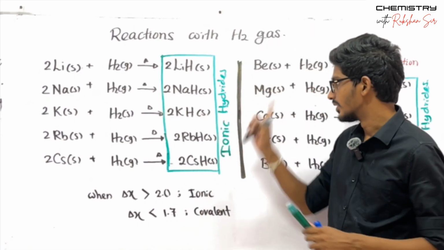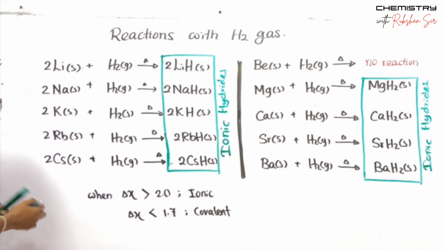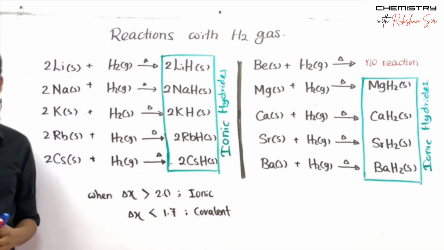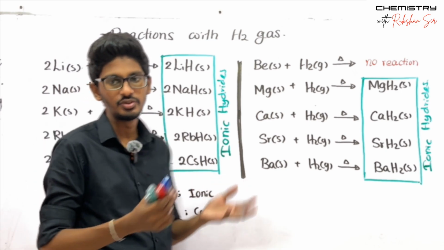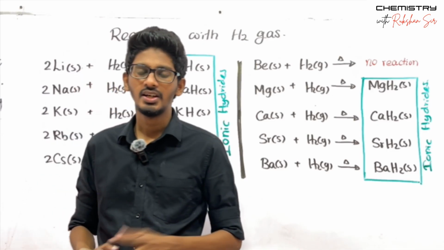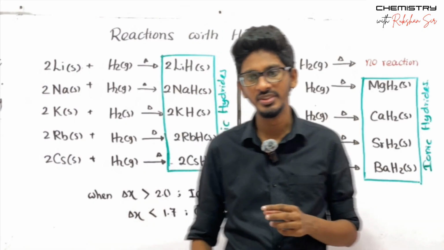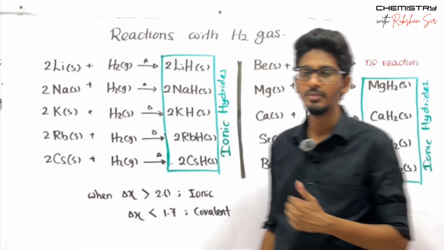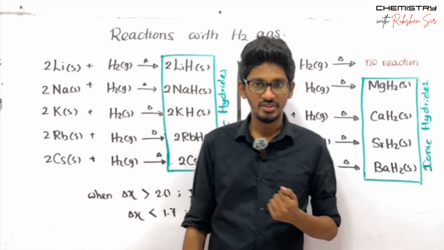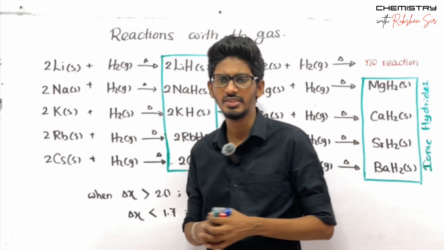But when it comes to these s block hydrides, the electronegativity difference is actually less than 1.7. Hydrogen's electronegativity is 2.1. Among the s block elements, the smallest value belongs to cesium, which is 0.7 (or 0.67, so let's take it as 0.7).